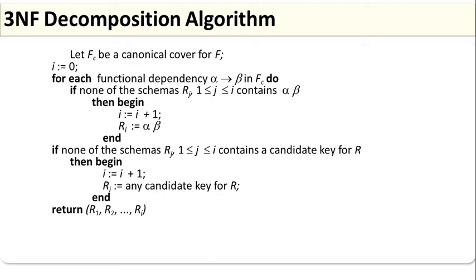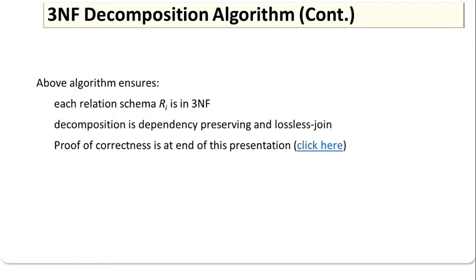If none of the schemas Rj, 1 ≤ j ≤ i, contains a candidate key for R, then i is equal to i plus 1, and Ri is any candidate key for R, so any one key you can return.